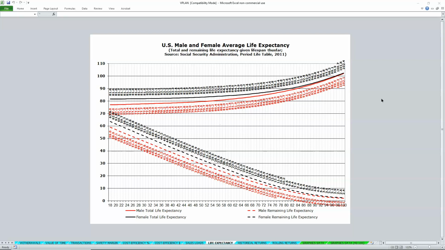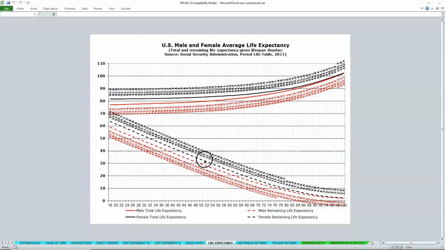You will notice that both the solid black and red lines rise gradually with age. These lines rise because they represent the total life expectancy of a person who has already been fortunate enough to have lived to the age indicated on the horizontal axis. In effect, the expected average lifetime increases for those who simply stay alive.